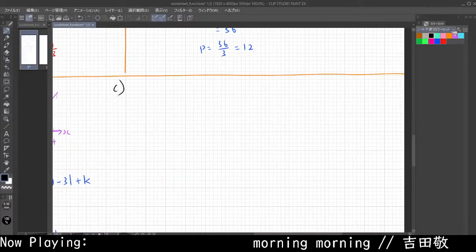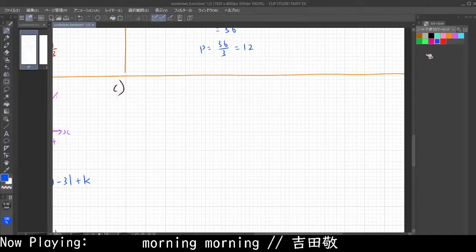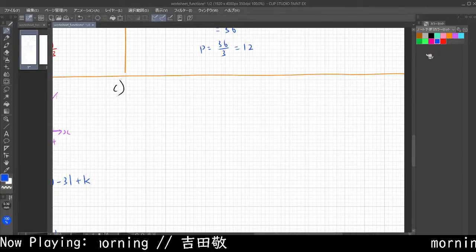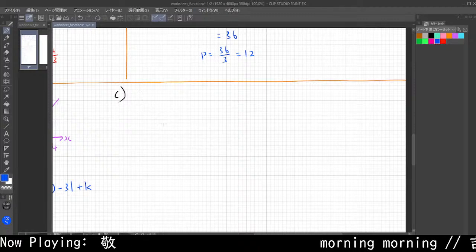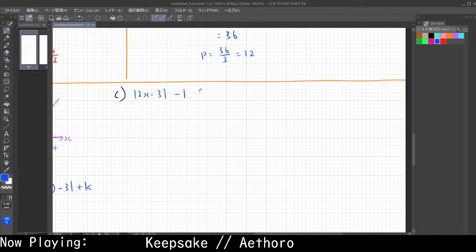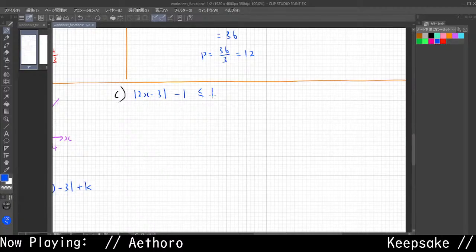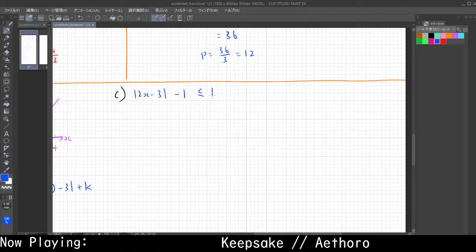Therefore, your f(x) is less than -1. So your absolute value of 2x minus 3, minus 1, is less than or equal to -1. Solve this inequality and you get a range of values of x, which would be your domain.